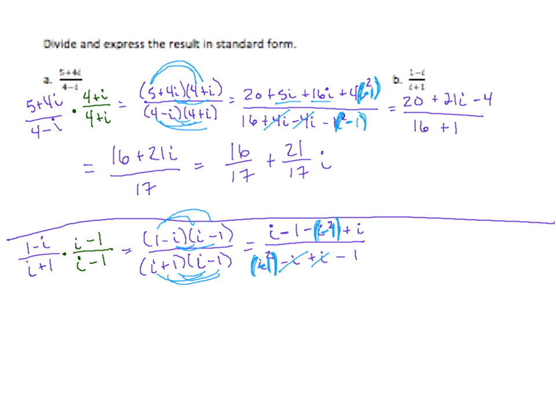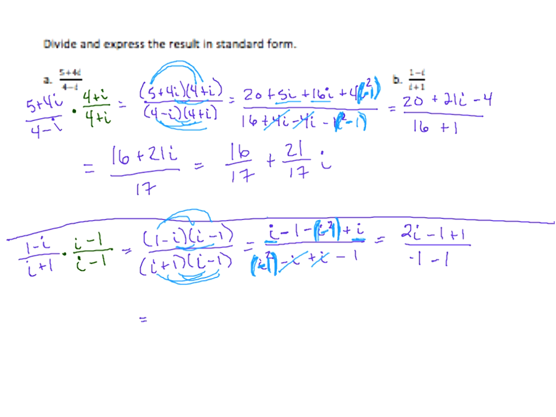And I also have like terms here and here that I can combine. i and i give me 2i. So I have 2i, and then I have negative 1 and negative negative 1, which is negative 1 plus 1, over negative 1 minus 1.